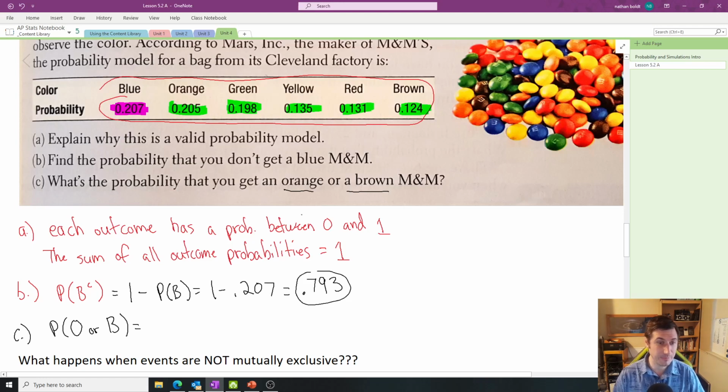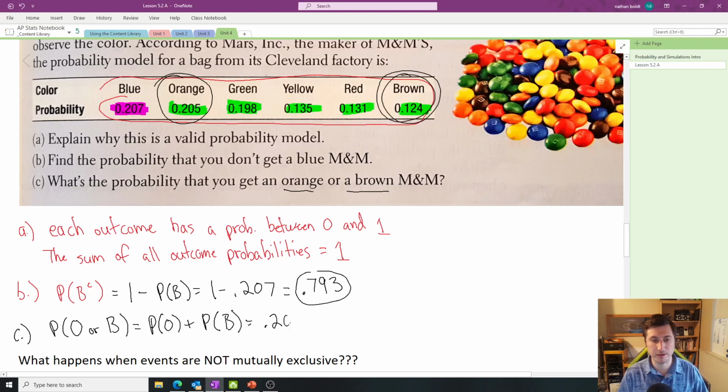Well, if I pick one M&M out, it can't be both orange and brown. There's no overlap between brown and orange. So they are mutually exclusive. I'm allowed to use the addition rule. So that will be probability of orange plus the probability of brown. So that will equal 0.205 plus 0.124, which is equal to 0.329.